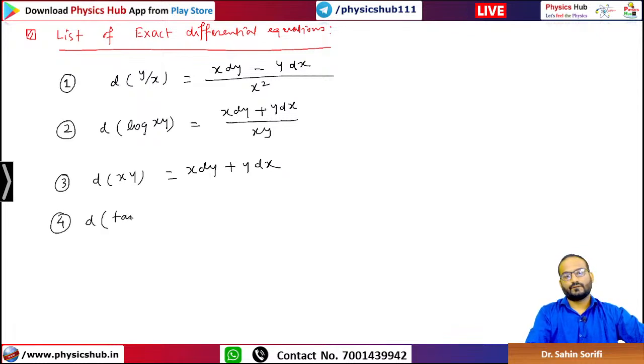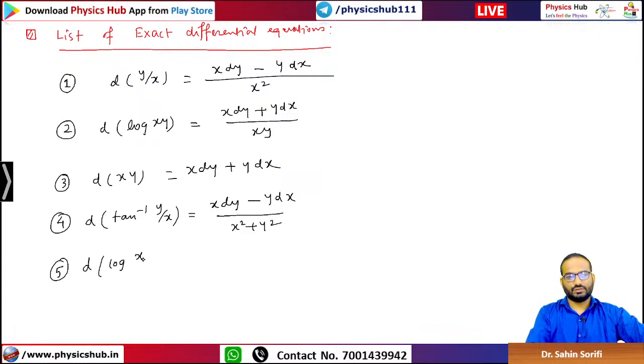D of tan inverse y by x, x dy minus y dx divided by x square plus y square.